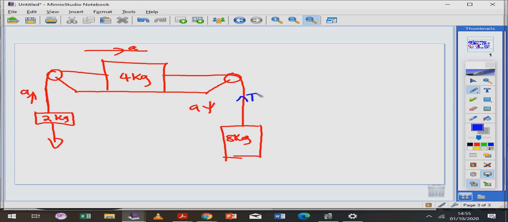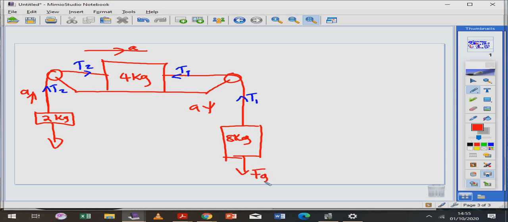Since these ropes are splitting up, we're going to consider them as different ropes. So we'll call that T1 and we'll call this T2. Even if the same type of rope had been used, the tensions experienced in each of those sections of the ropes would be different, because the ropes are not pulling the same weight or experiencing the same forces.